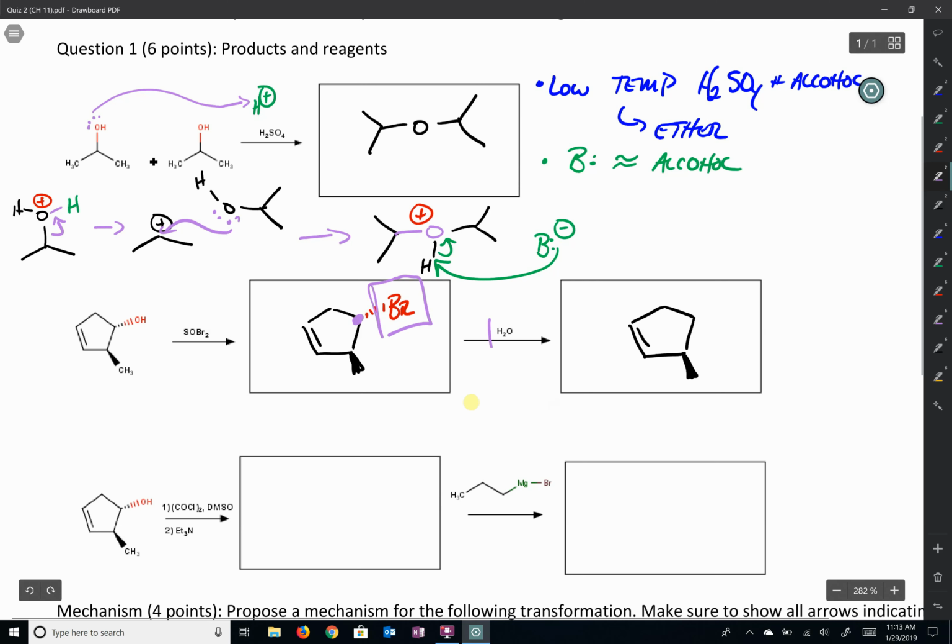We're bringing in water, which is a poor nucleophile and a poor base. And so this is a classic setup for an SN1 type reaction, where we're going to substitute that bromine. Which means we're going to go through a carbocation intermediate, which means we are going to shift things, and we're going to end up with an alcohol.